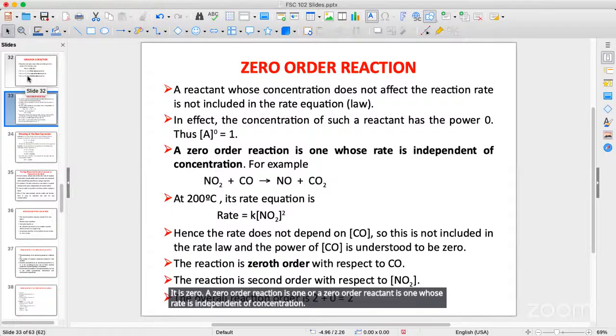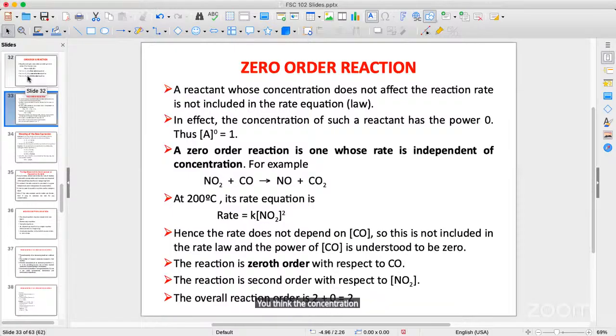In this case, it's just a reactant. You can also have a reaction where everything is zero order: you change the concentration, and nothing changes in the rate. That means the whole reaction is a zero order reaction, while in this case it's just one reactant giving that behavior.